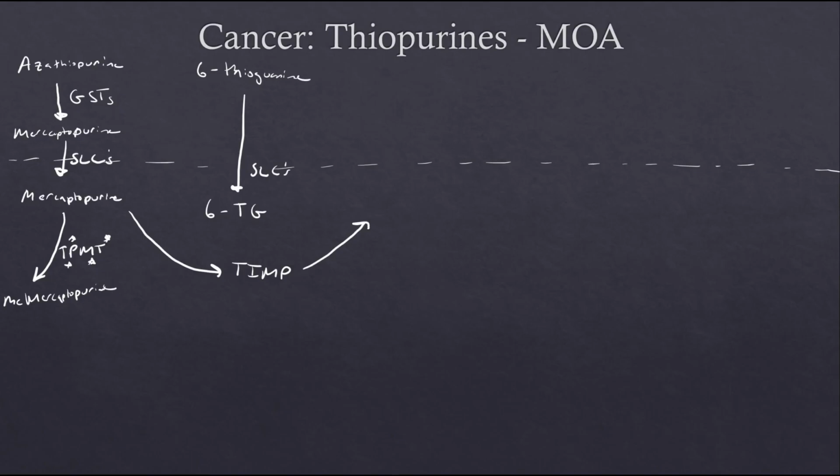And then the metabolism for 6-thioguanine actually interacts with the metabolism of mercaptopurine through thioinosine monophosphate here. And that conversion is where 6-thioguanine is turned into thioguanosine monophosphate, which is the same thing that happens to TIMP. And then further phosphate groups are added on to thioguanosine monophosphate.